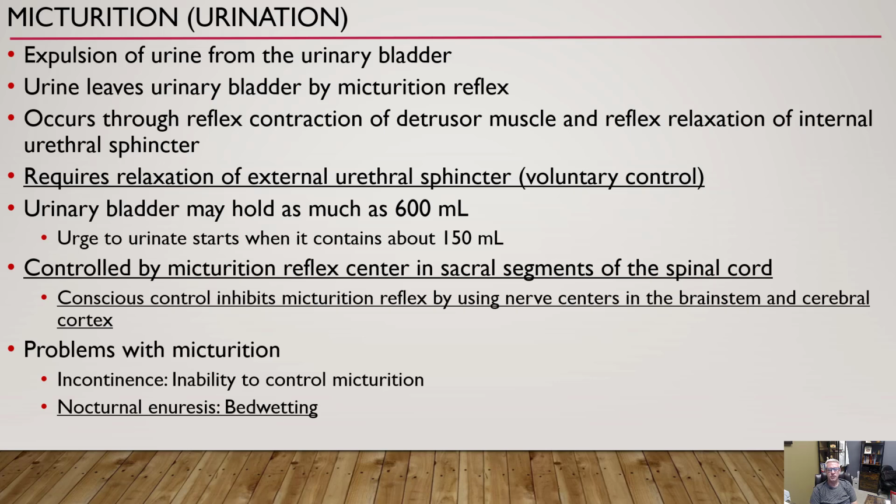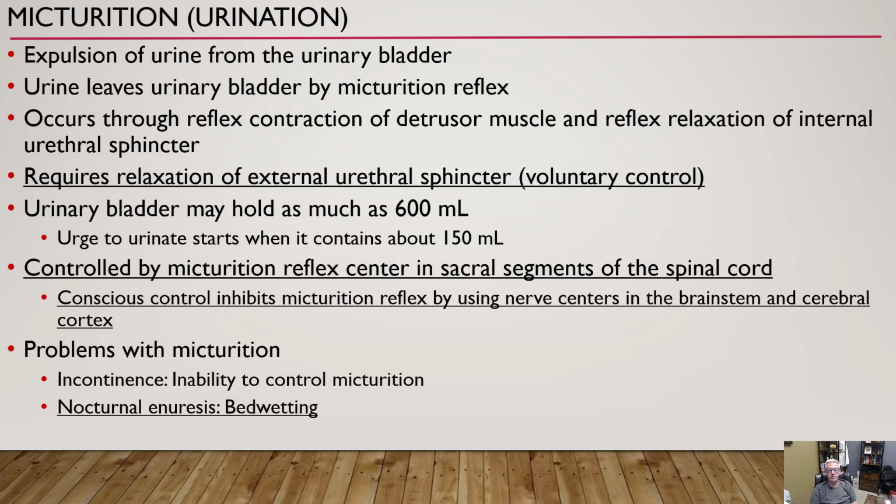And we can consciously control that micturition reflex. We can say, I don't want to pee now. Okay, yeah, I'm going to go pee now. We can consciously control that reflex by using nerve centers in the brainstem and in the cerebral cortex. So we can tell our body when it's time to pee and when it's not time to pee.